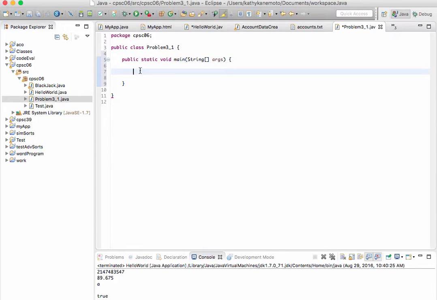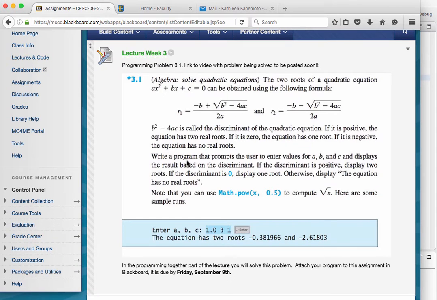All right, first order of business, let's get our input from our user. We need our input for our variables a, b, and c. So we must declare. If you forget what kind of variables you need, go ahead and look at your programming problem. You're going to have the user enter in the values for a, b, and c that are going to be part of our quadratic equation.